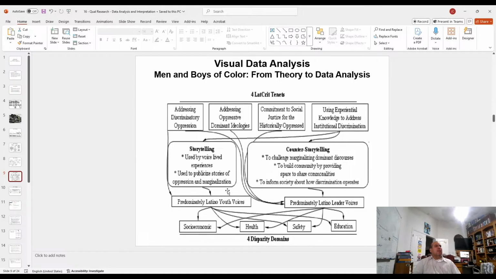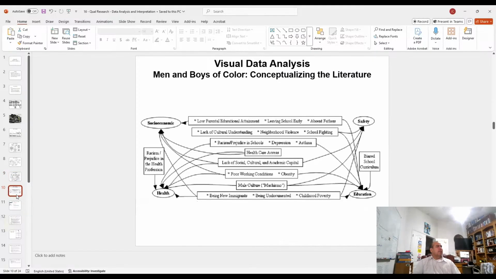This is also part of the theory, and how they're connected to all the voices, the Latino and the leader voices that we found, and all the different domains that we were trying to interrogate and investigate for that study. Here's another way. We tried different ways to represent it. Here was another attempt to represent what we found.